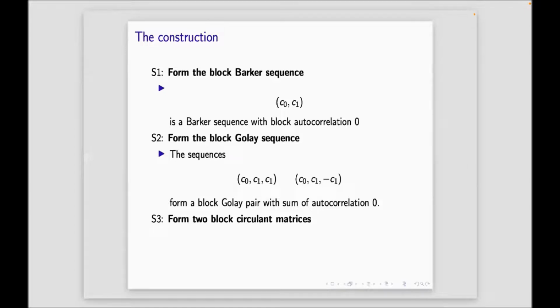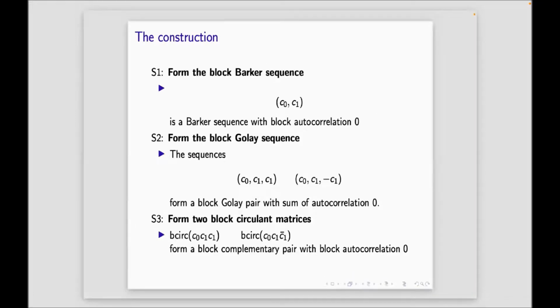And form two block circular matrices. I now form two block circular matrices from these. Namely, I just pick the first row of my first block circular matrix to be C0, C1, C1. And the second one, C0, C1, minus C1.